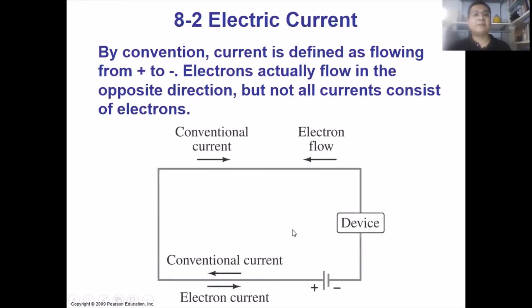But in the conventional method, which also describes electric circuits, current comes from the positive to the negative. Actually, the electrons inside the material jump from the negative to the positive. So it is the opposite way inside the material.